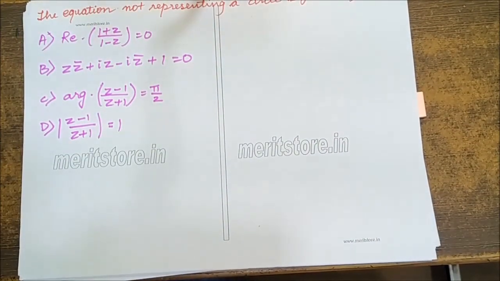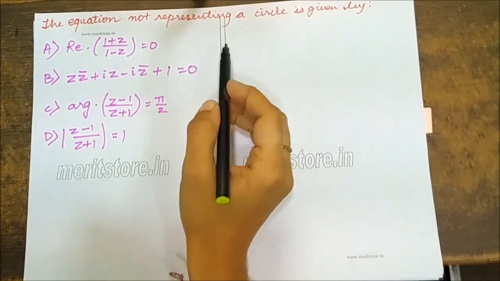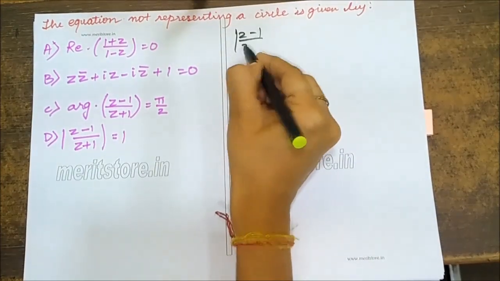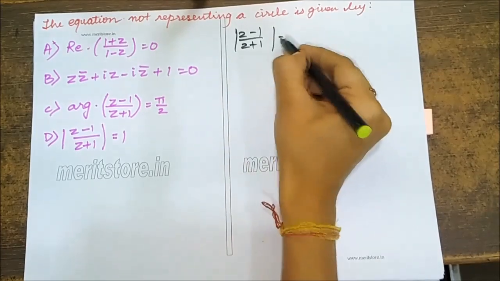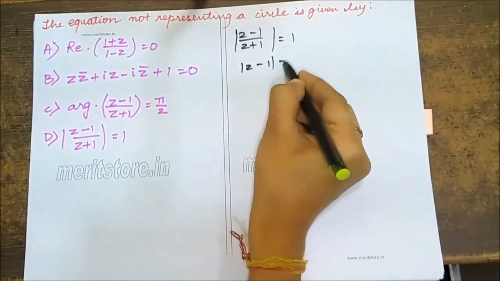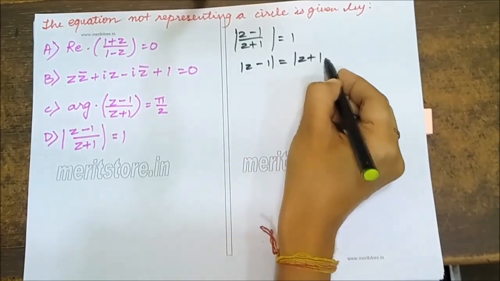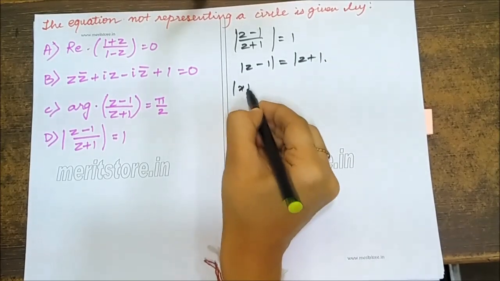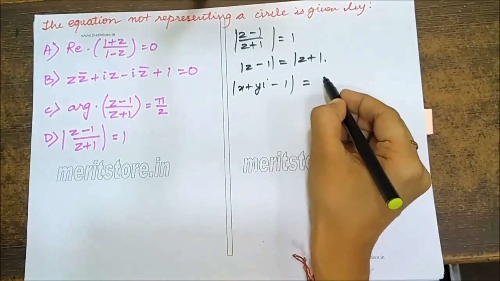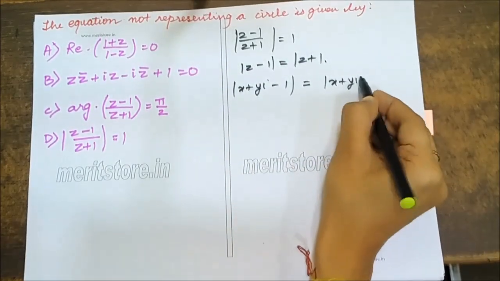The equation not representing a circle: modulus of (z minus z1) upon (z plus z1) is equal to 1. So modulus of z minus z1 is equal to modulus of z plus z1. Z is equal to x plus yi, so x plus yi minus 1 is equal to x plus yi plus 1.